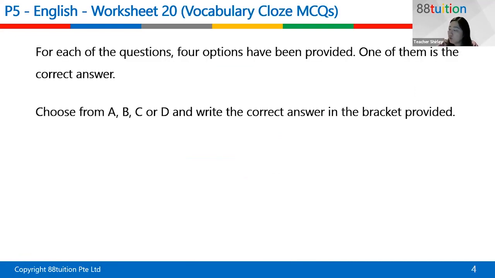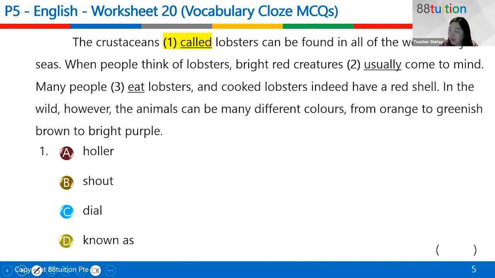Vocabulary closed MCQ: the crustaceans called lobsters can be found in all of the world's major seas. Any volunteers? What is crustaceans? Crustaceans are a particular group of animals, for example crab, lobsters, crayfish.